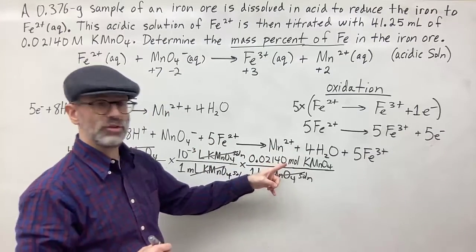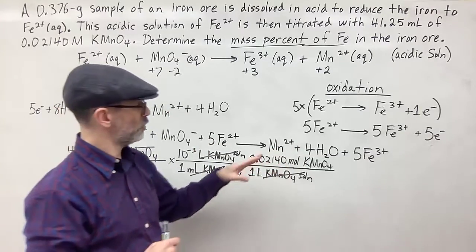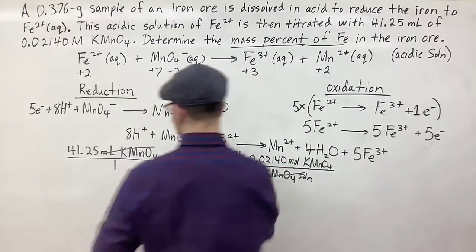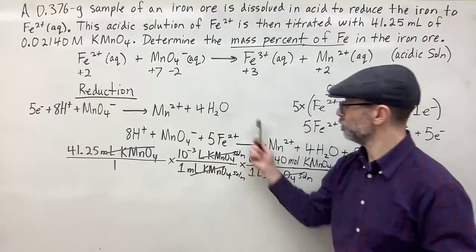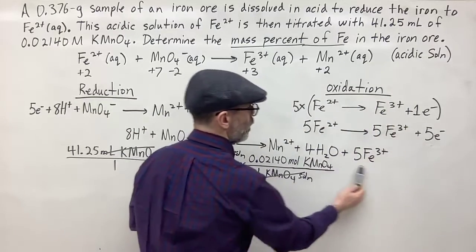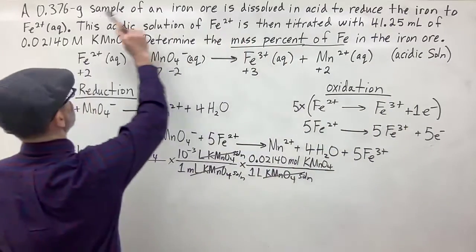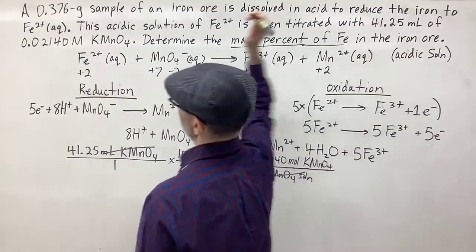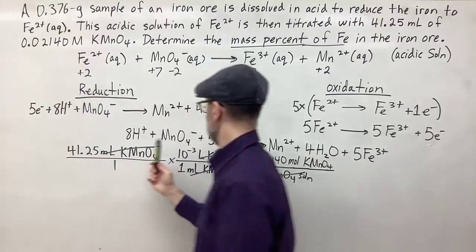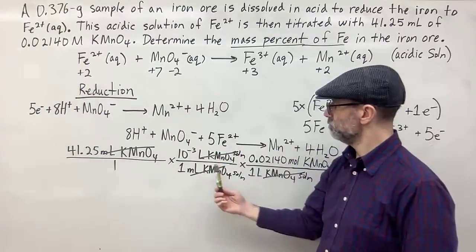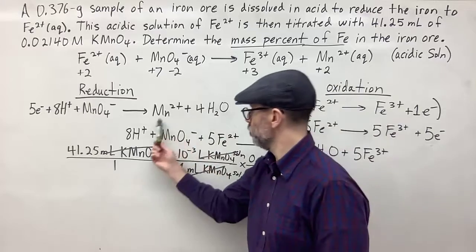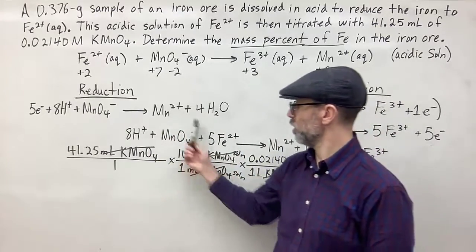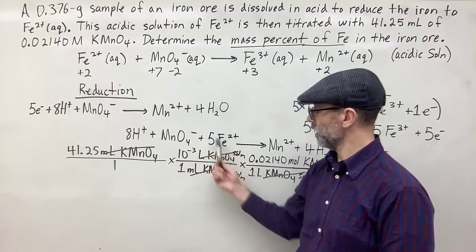So here, I'm going to have to do a mole ratio between potassium permanganate and the iron that I have, the iron 2+. Don't use the Fe3+, because what do they tell us? They dissolve the iron ore in order to reduce the iron to what? Fe2+. So this is what we're interested in. So you can see that the permanganate ion has a ratio of 1 to 5 with the iron ion.